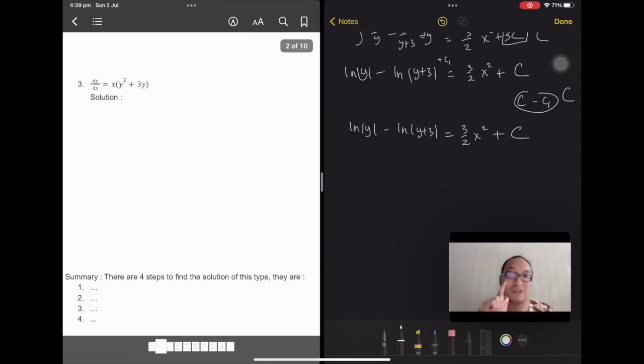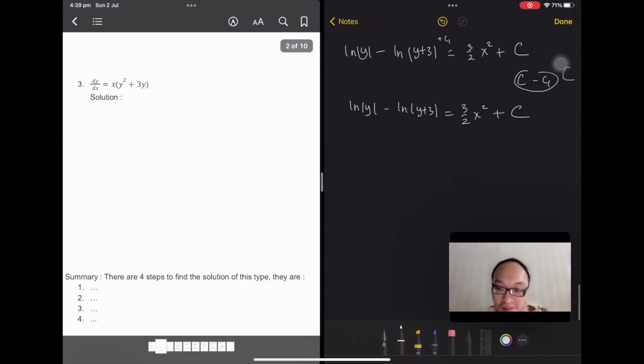Again, we have to express y as the subject, so we have to combine the ln terms. What's the rule? ln a minus ln b equals ln (a over b).